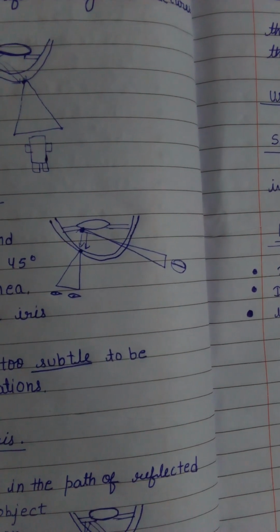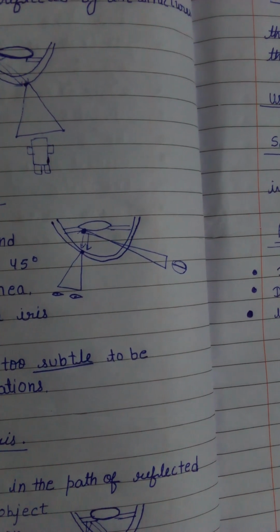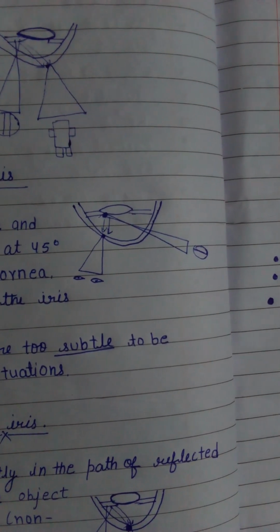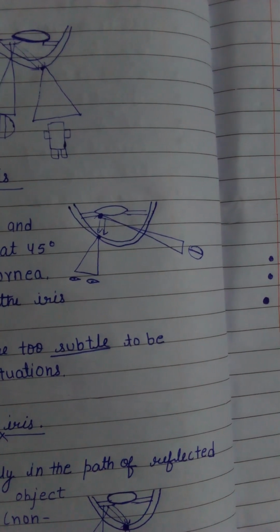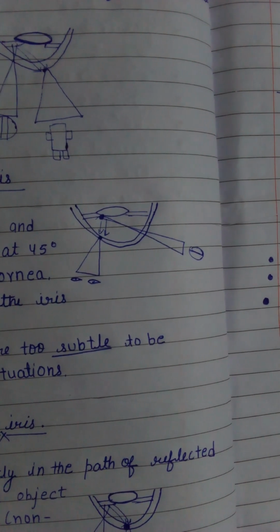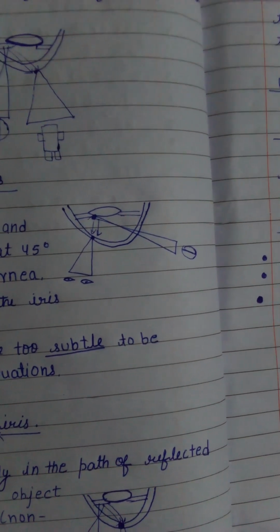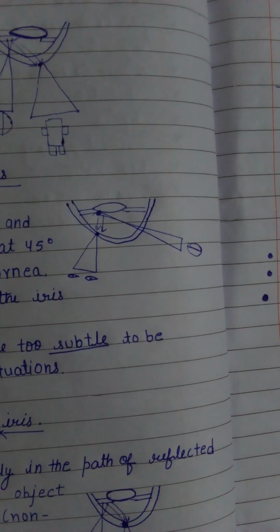We can get retroillumination from the fundus also. We project the light onto the retina, and from the light reflected back from the retina we can observe structures present in the lens or on the cornea.